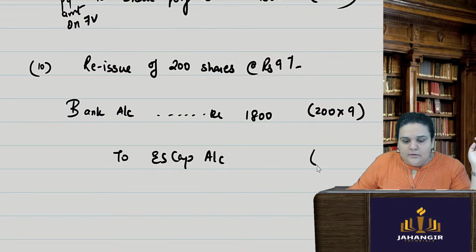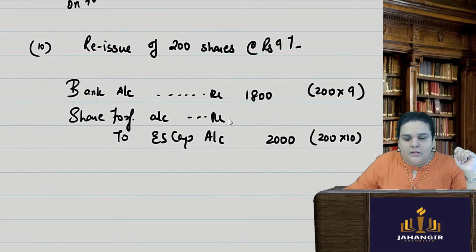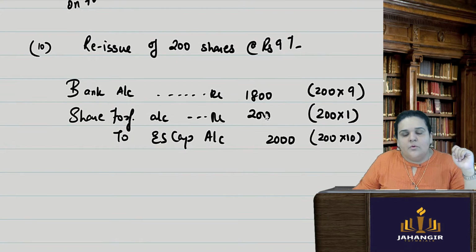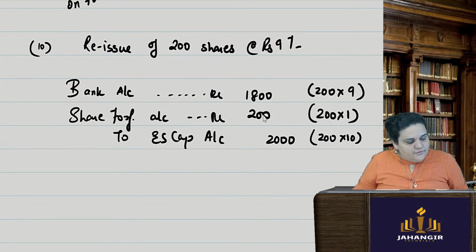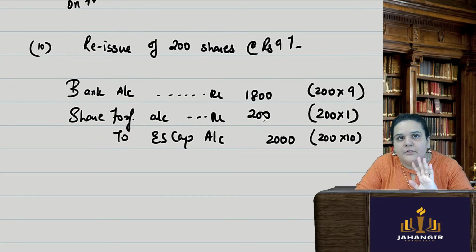Here, face value is always going to remain 10. And equity share capital is always recorded at face value. There is a discount on the reissue. I will use my share forfeiture account. How much is the discount? Rupees 1. So 200 rupees I have used from my share forfeiture account. Now whatever is the balance in the share forfeiture, I will transfer it to the capital reserve.